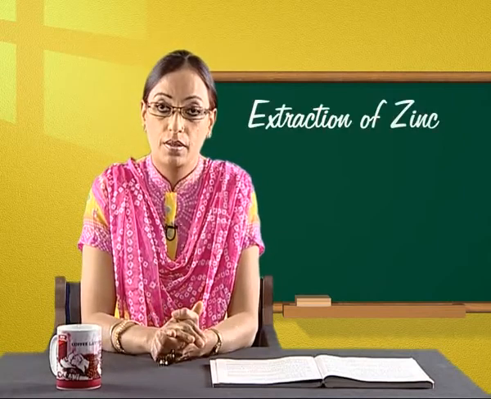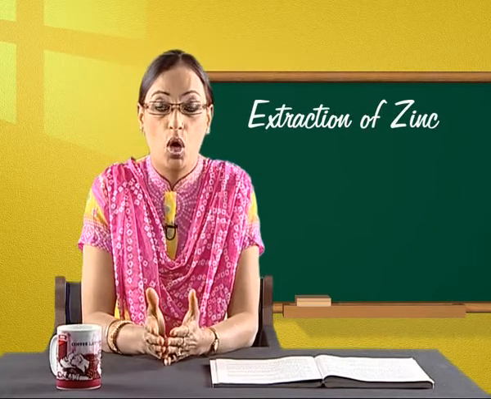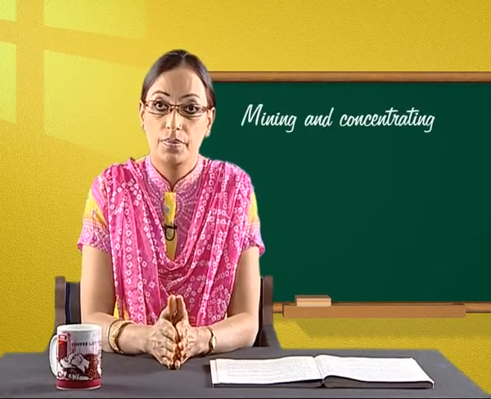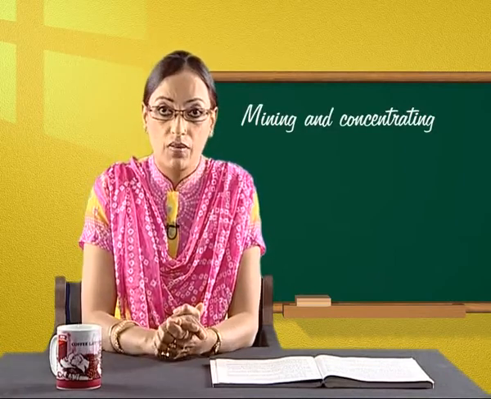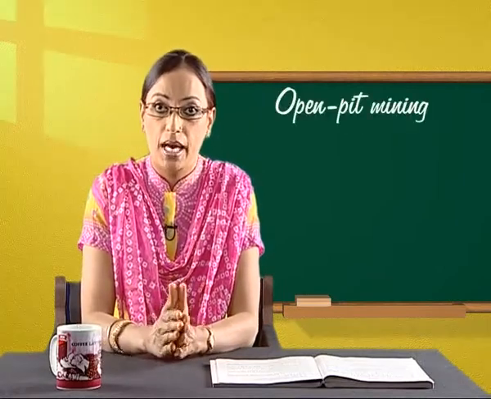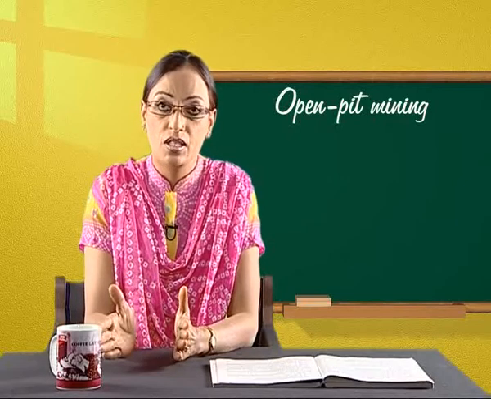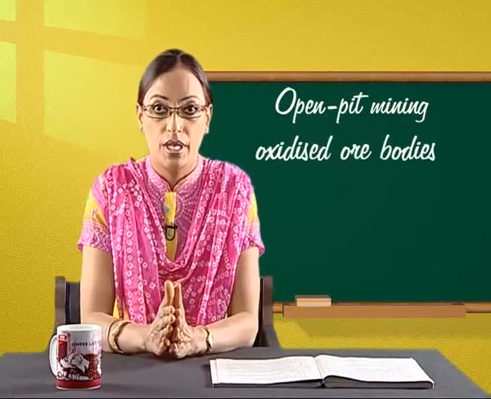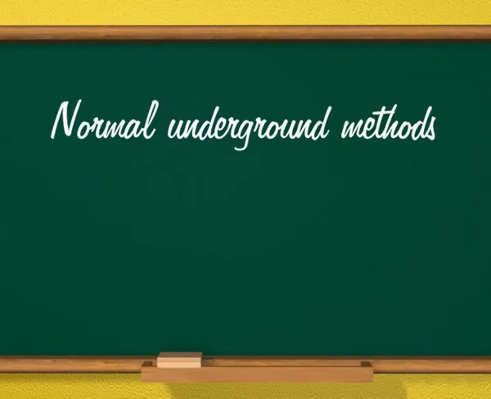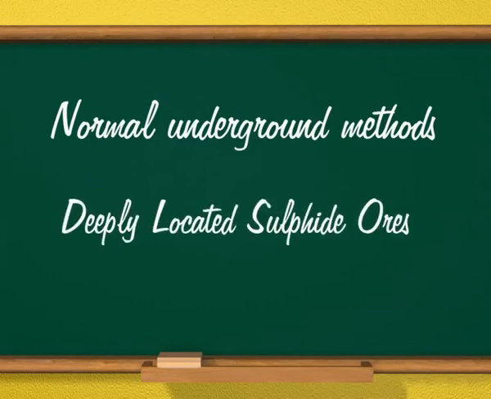Children, let us now learn about the extraction of zinc. Zinc can be extracted from zinc blende by the following steps: mining and concentrating. Zinc ores are recovered by many mining techniques ranging from open pit mining, mainly in the case of oxidized ore bodies which are located closer to the earth's surface, to the normal underground methods used for the more deeply located sulphide ores.